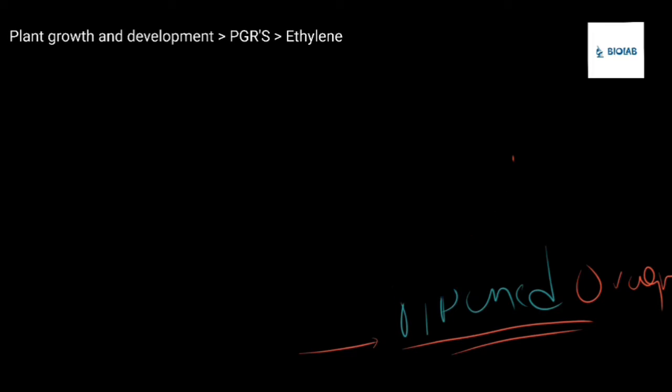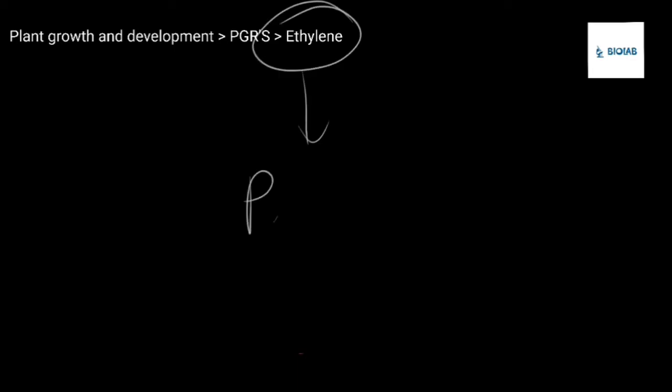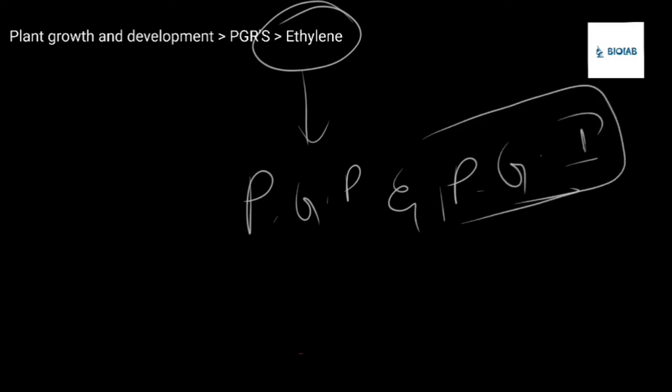As I said, there are not many points based on ethylene, but I have to tell you an interesting thing here. Ethylene is a PGP as well as a PGI, that is, a plant growth promoter and a plant growth inhibitor.